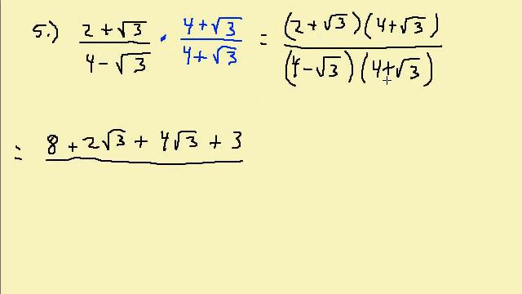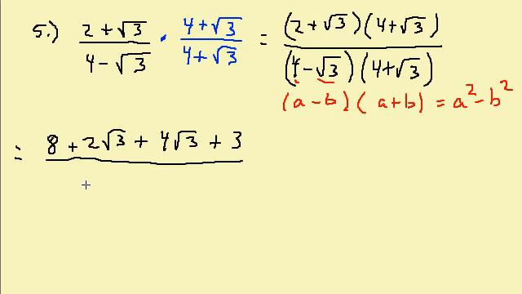And that's over. Now this, notice the form that this is in. This is a minus b times a plus b. So this is just a squared minus b squared. And in this case, a is 4, b is square root of 3.